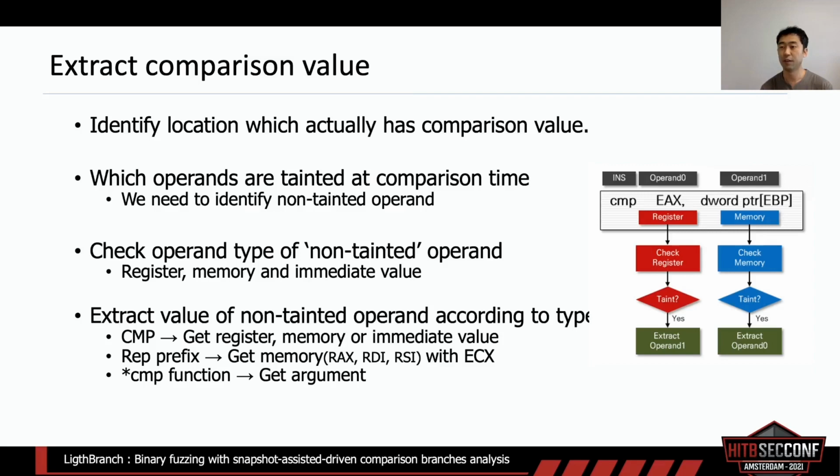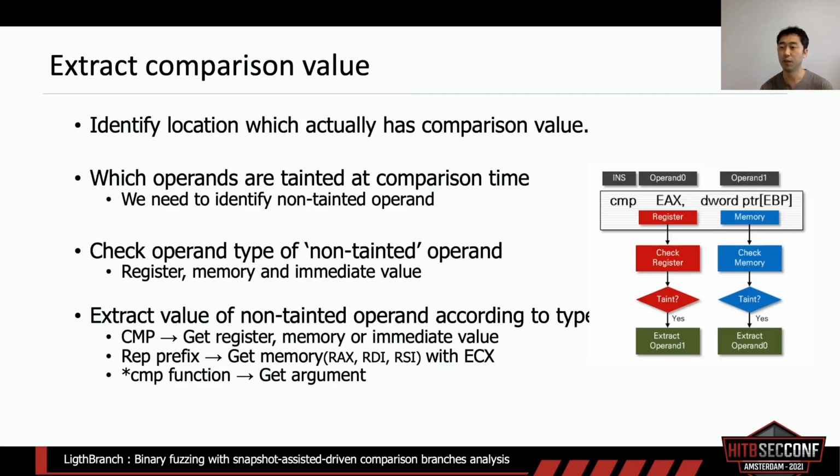One of these cases is that it uses the repeat prefix instruction set for input validation. Another case is that input validation is performed at the function level. So in this case, we need to extract the comparison value in another location, not the operand of CMP.